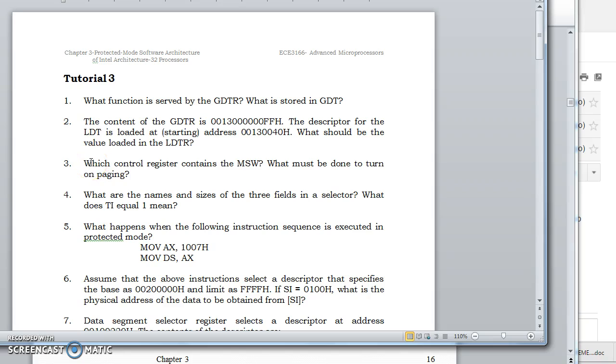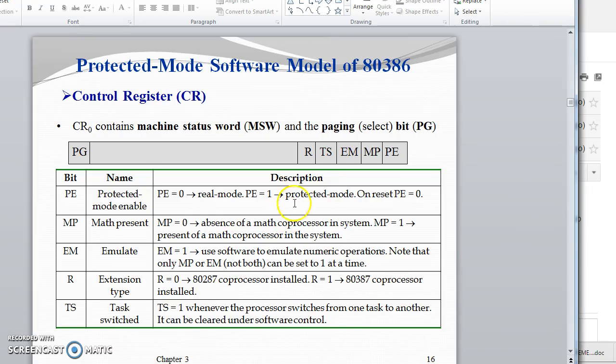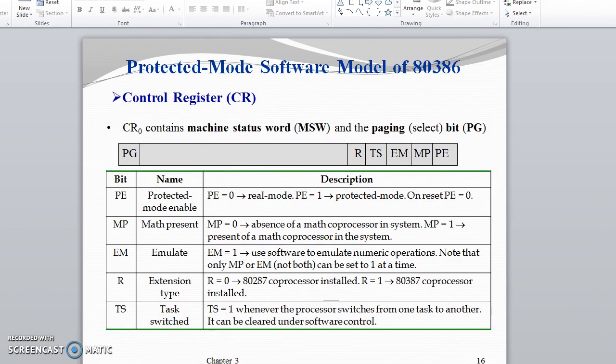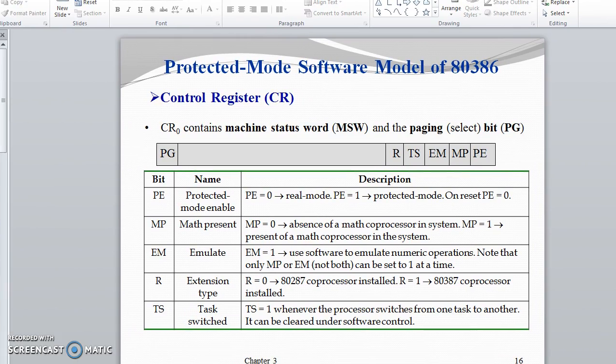Which control register contains the MSW, most significant word? What must be done to turn on paging? So we can find the answer in slide number 16.